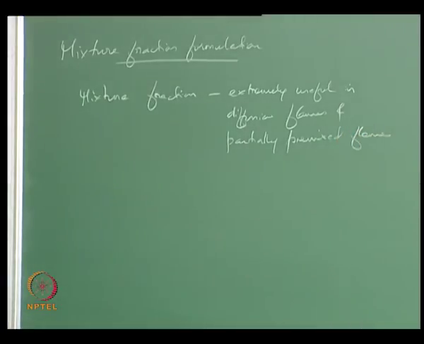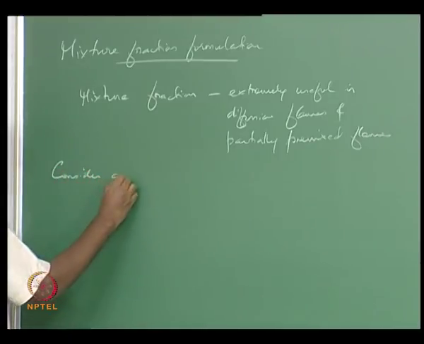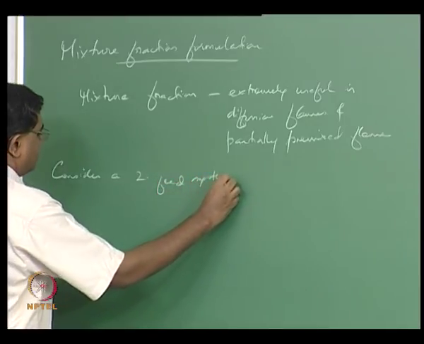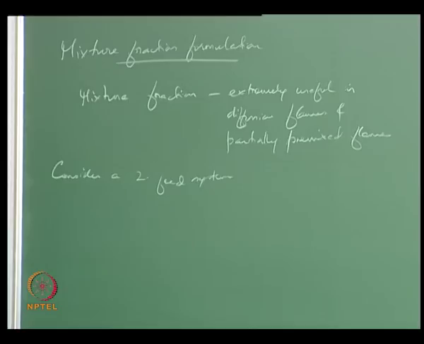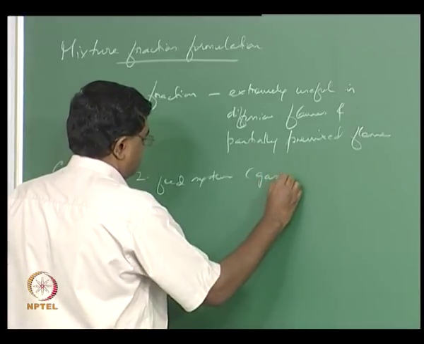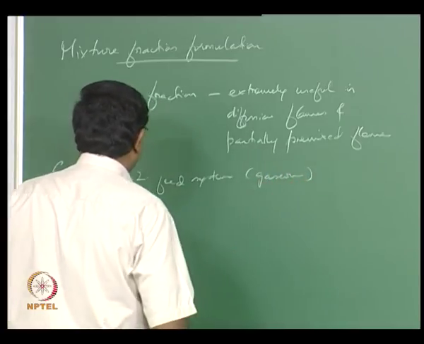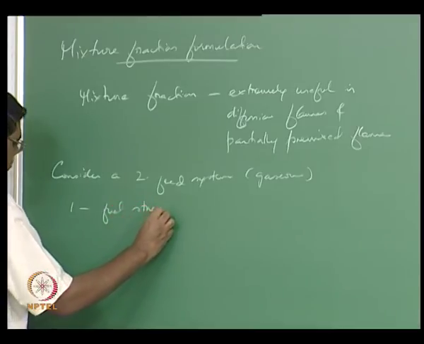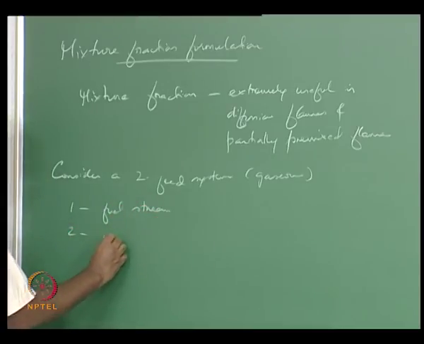So what we will do is let's consider a two-feed system. That means we have two inlets that are allowing gases to come. So we are looking at a homogeneous gaseous system, and let us say that 1 represents the fuel stream and 2 represents the oxidizer stream.